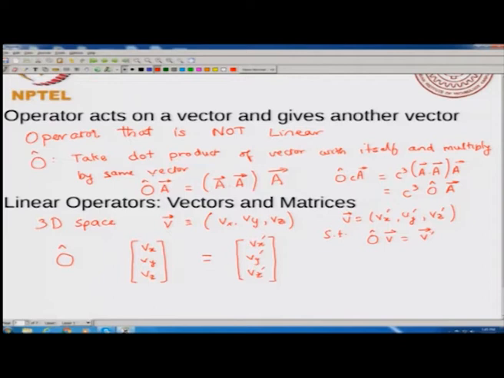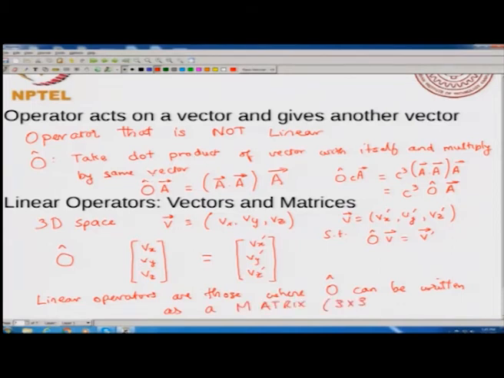Once you write it in this form, you can ask what is a linear operator. There is no relation between V and V prime. You can operate by any operator and you can get another vector. Now linear operators are those where O can be written as a matrix, a 3 by 3 matrix.